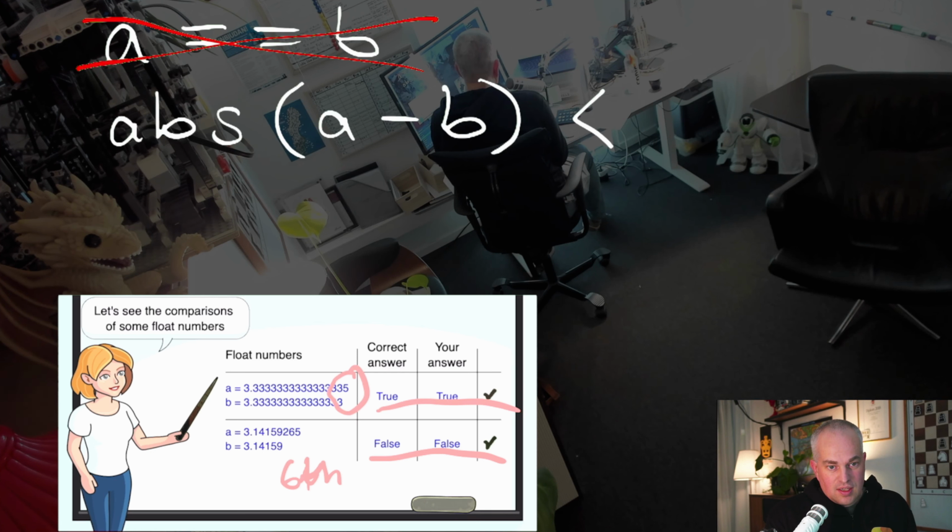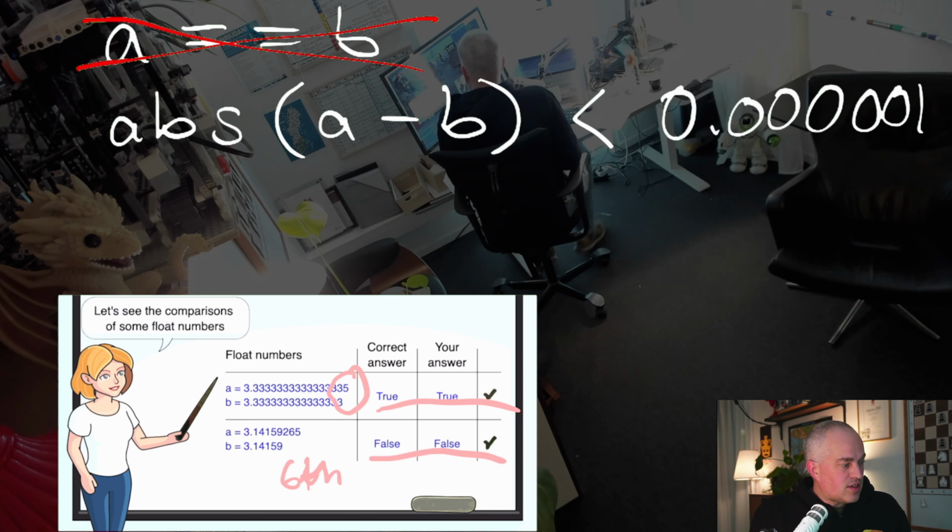So this can be math.pow for power 10 to the power of minus 10 or something. But I'm just going to write here 0 point whatever the accuracy is that we want. So now I'm in actually the 6th place. So maybe I should have done that with even more decimal places.